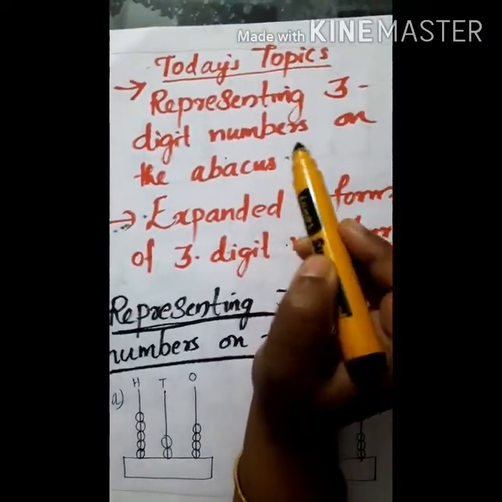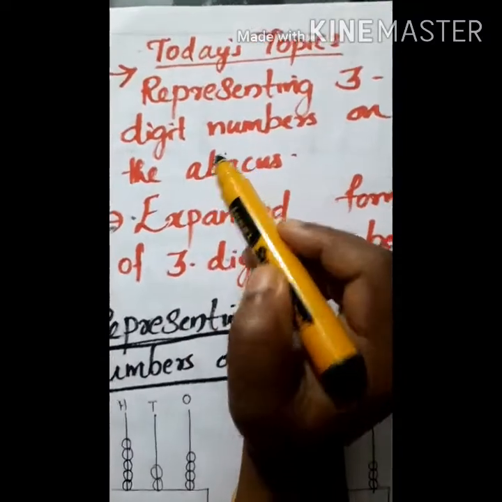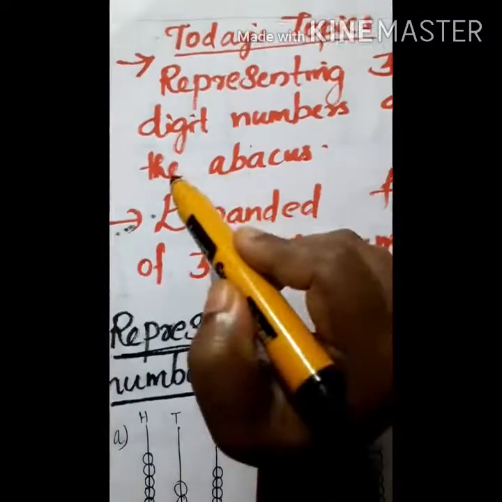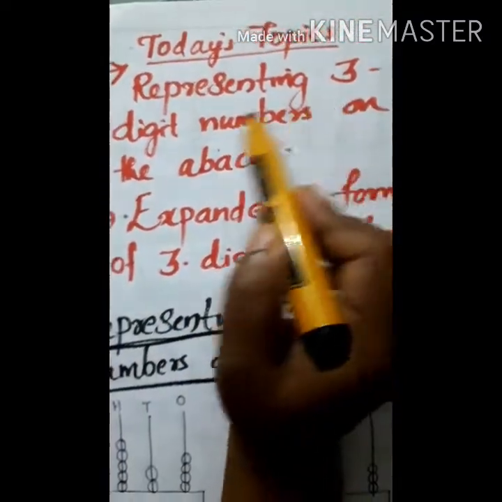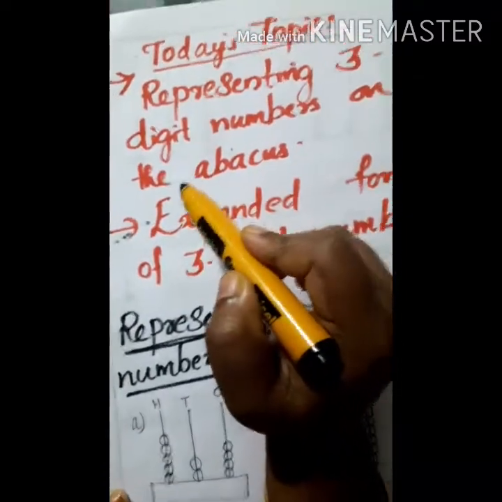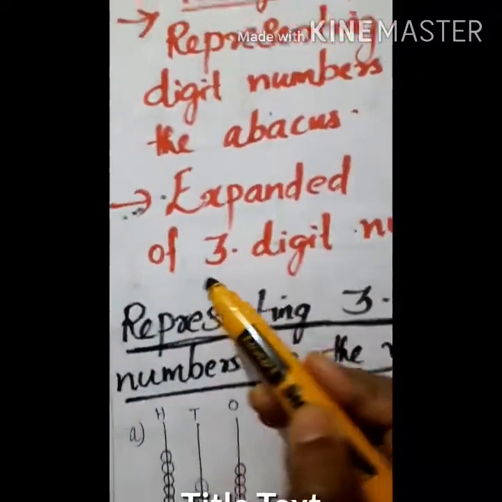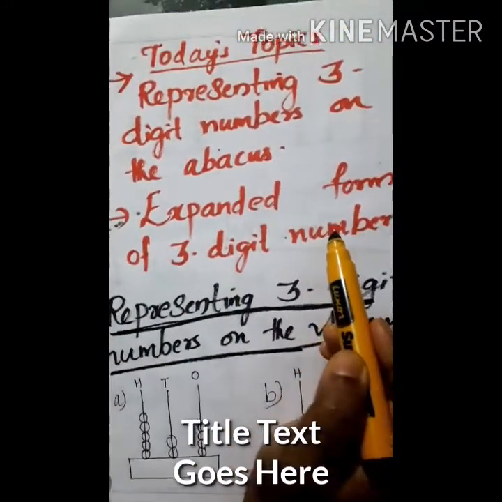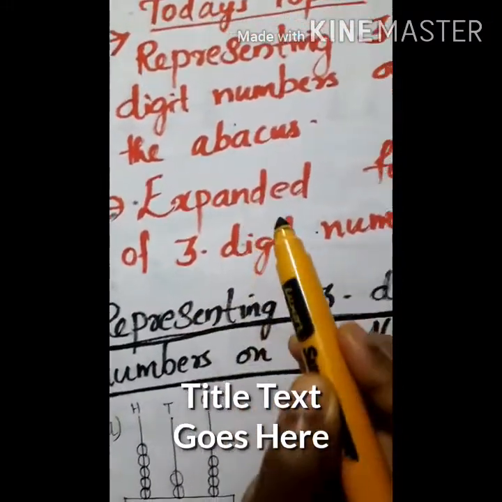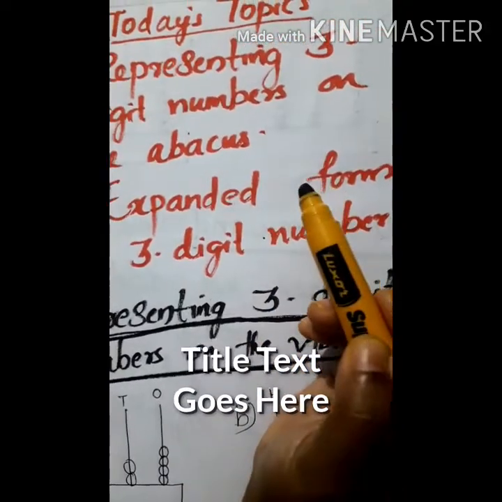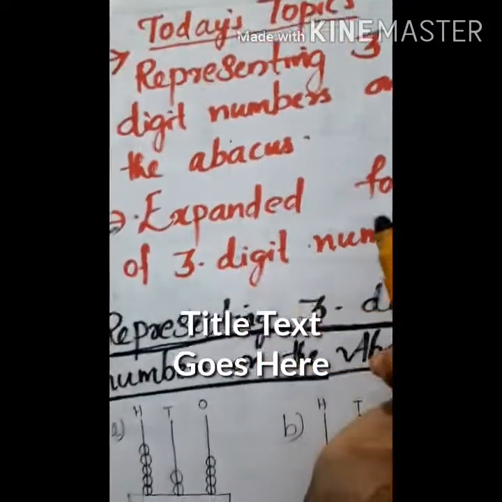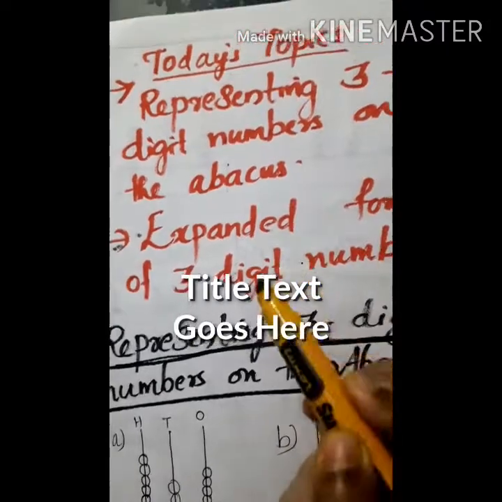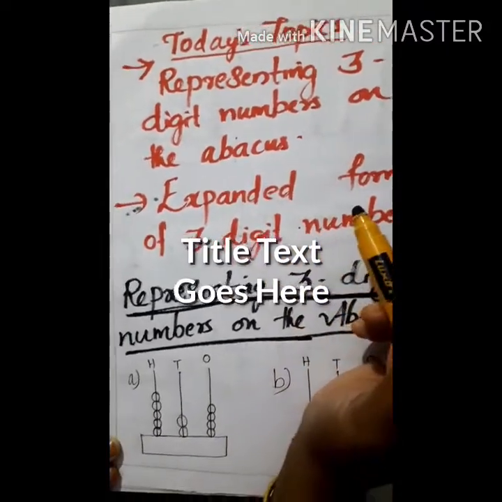You already studied 2-digit numbers on the abacus, so here we are going to study representing 3-digit numbers on the abacus. Next one is the expanded form of 3-digit numbers. You already studied the expanded form of 2-digit numbers, so in this topic we are going to study the expanded form of 3-digit numbers.